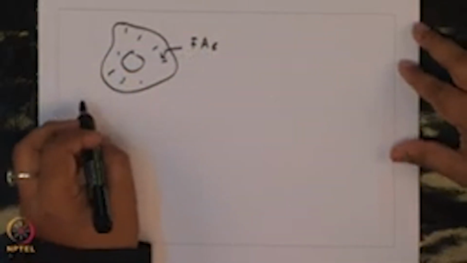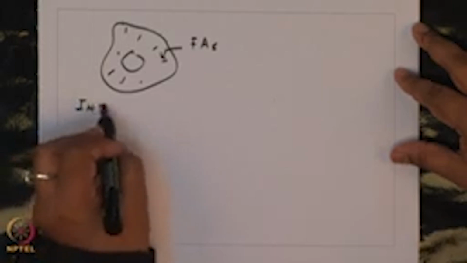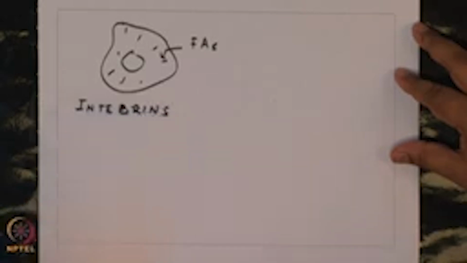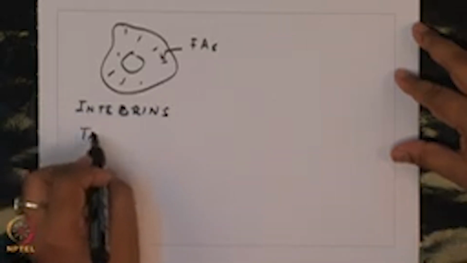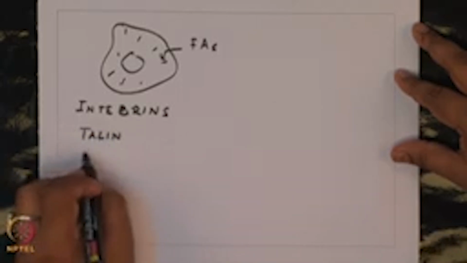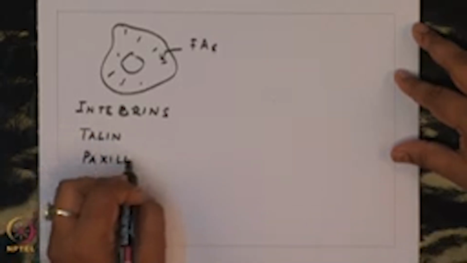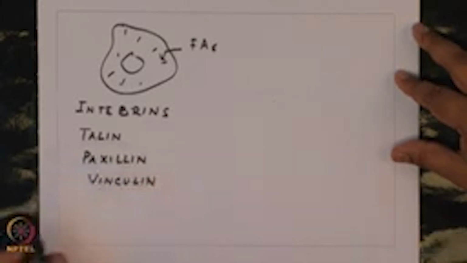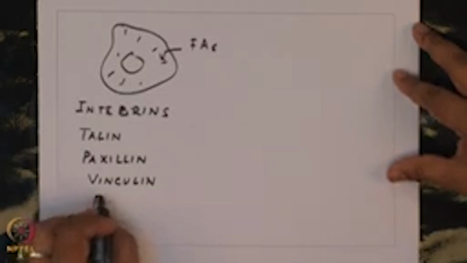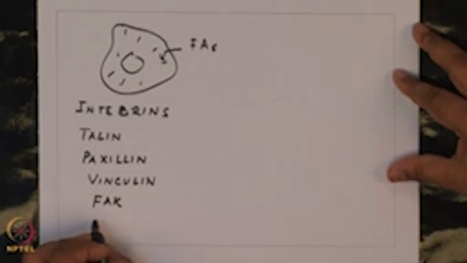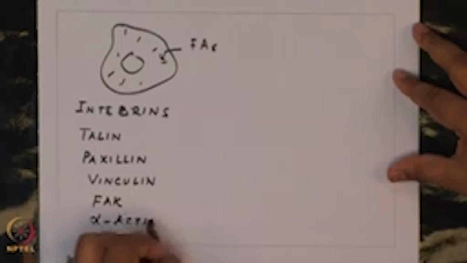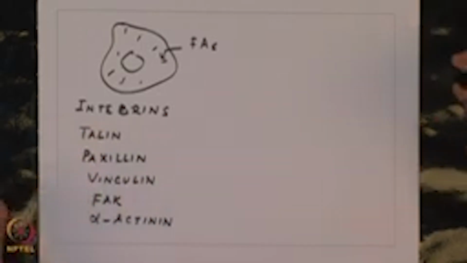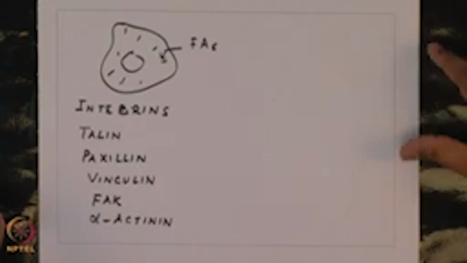Some of the major focal adhesion proteins that we discussed in last class include integrins, talin, paxillin, vinculin, focal adhesion kinase or FAK, and alpha actinin. All these focal adhesion proteins play various roles in dictating the behavior of these adhesions.